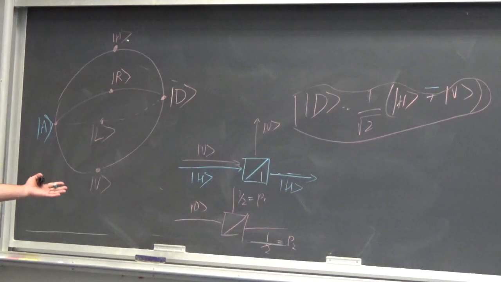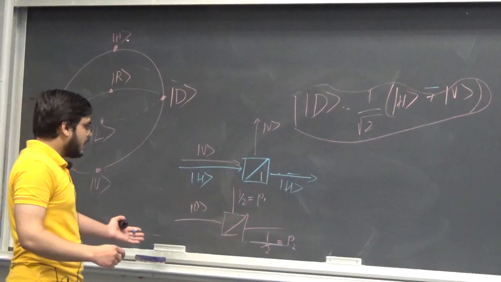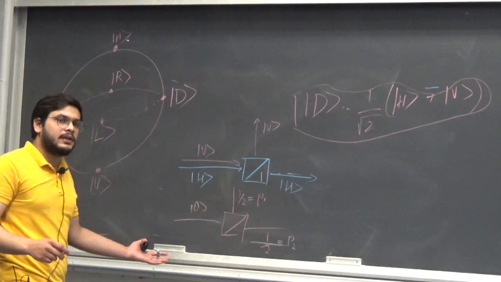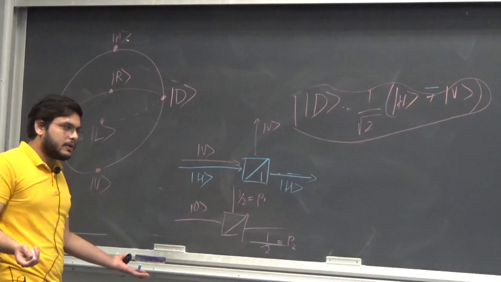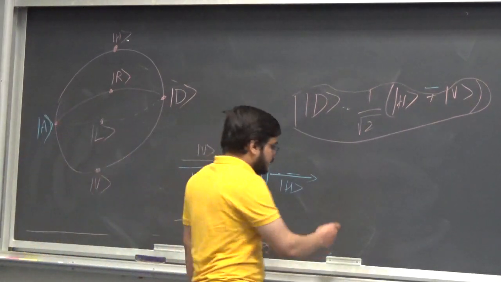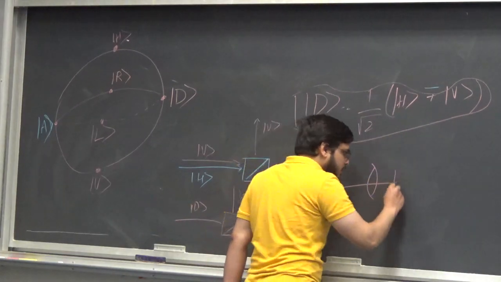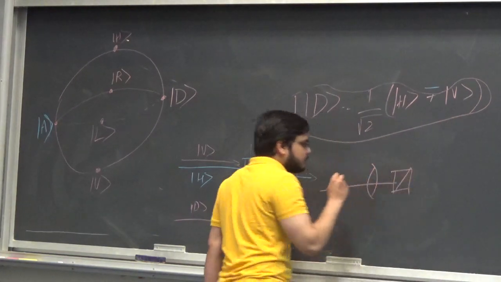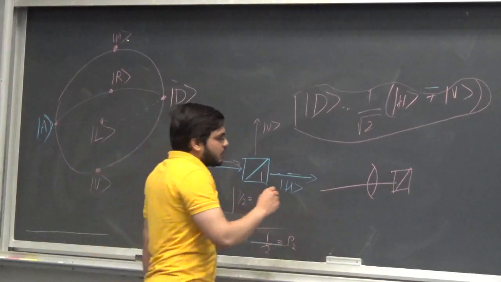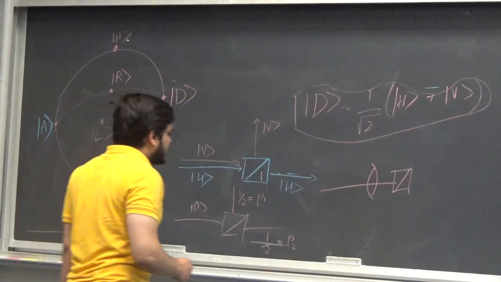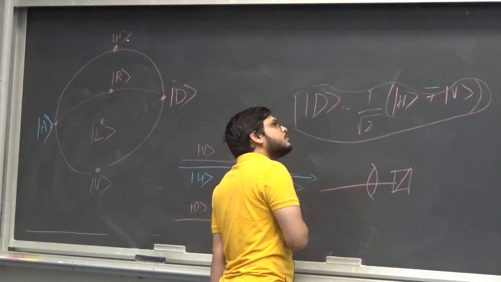This way, if we had a state |D> and I want to change my measurement basis such that it detects |D>, it will not split it into two. I will have to add a half wave plate before this splitter. If I have this half wave plate at 45 degrees, or no, it should be 22.5.